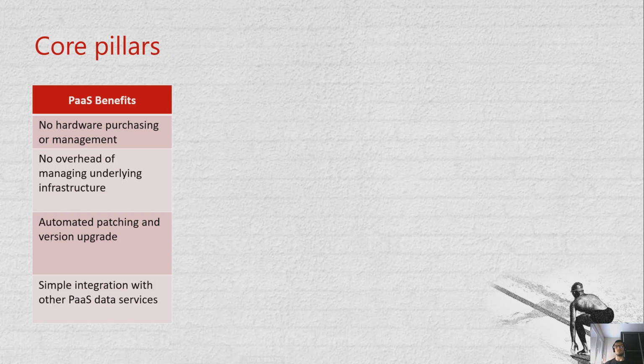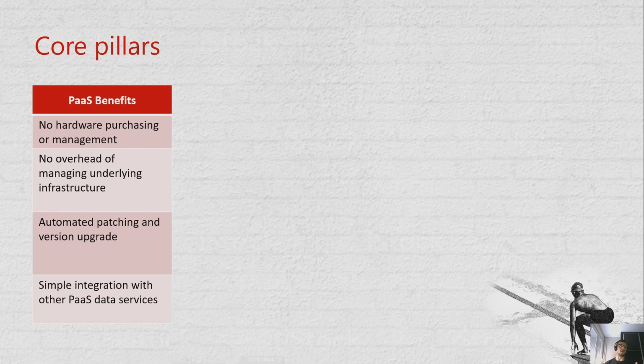Now, let's jump to the core pillars. The first pillar of SQL Managed Instance is PaaS benefits. With PaaS benefits, you don't have to bother with hardware purchasing or management. So the entire data center where you are deploying your SQL Managed Instance is at your disposal.